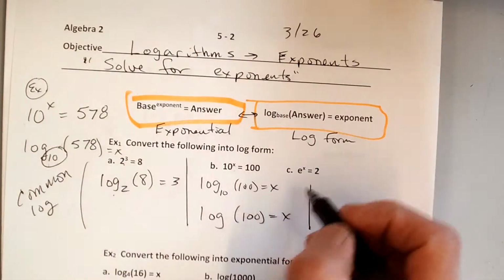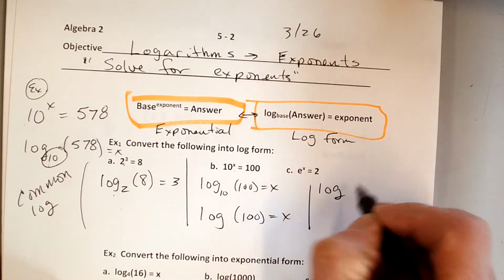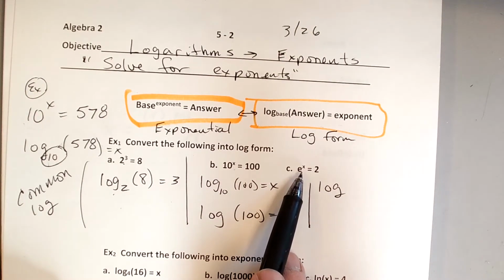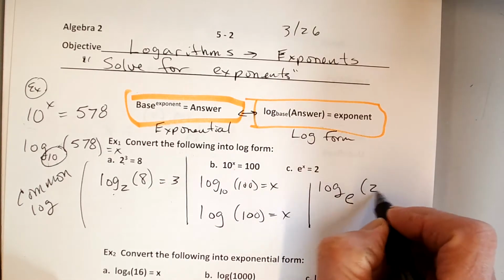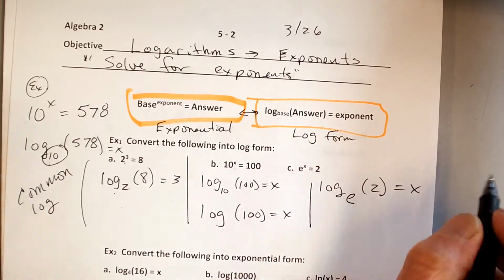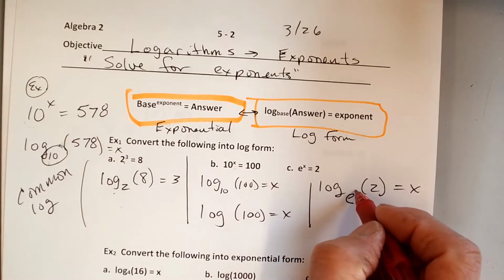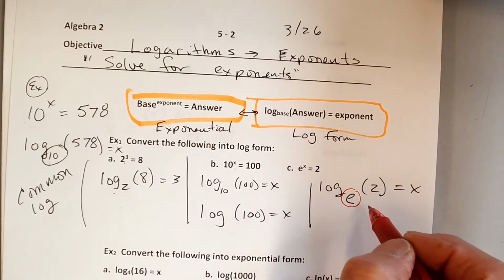All right, now C. Let's go log. My base is base E, right? My log is base E of 2 equals x. Yesterday, we learned that this was a special number. So when I see this number, we called it the natural number.